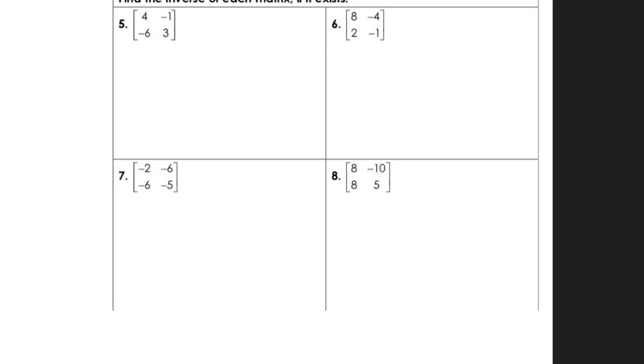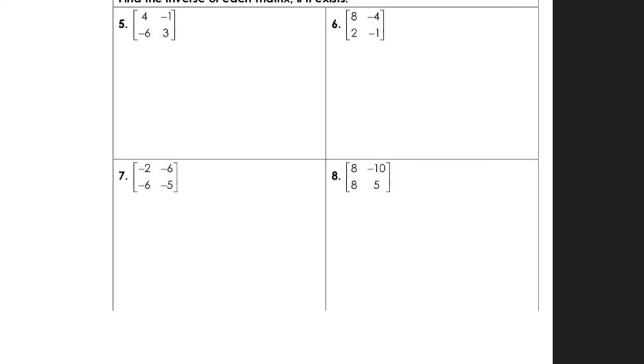And then after you find the determinant, your formula to find that inverse is 1 over the determinant. You change places with A and D, so you change places with the first and fourth, and you change the signs of the second and third. That's a lot to remember, so we're going to go through a couple of examples to help us. No matter what, first thing, always go find your determinant.